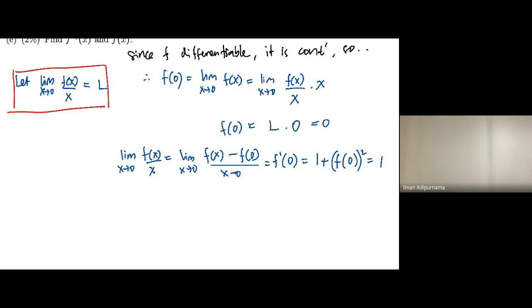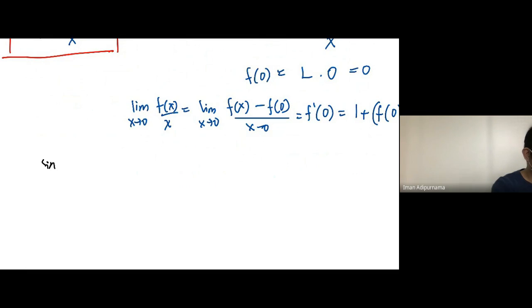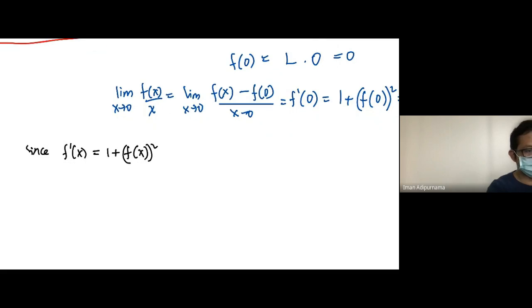The other is checking increasing. Since f prime of x is 1 plus something, it is greater than or equal to 1, so it is increasing.